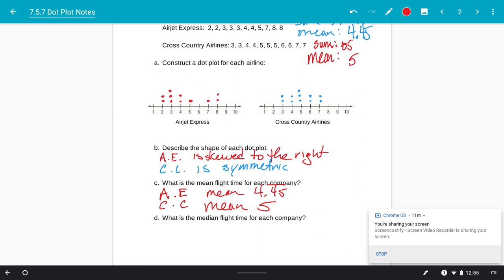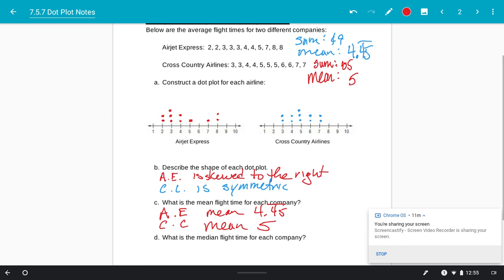Now, the median means the middle, and we found this looking at our data set written out by going into the middle when we were in numerical order. So we have it set up from least to greatest here. So what I can do is go back up to my data set, and I will cancel out left and right until I get into the middle.